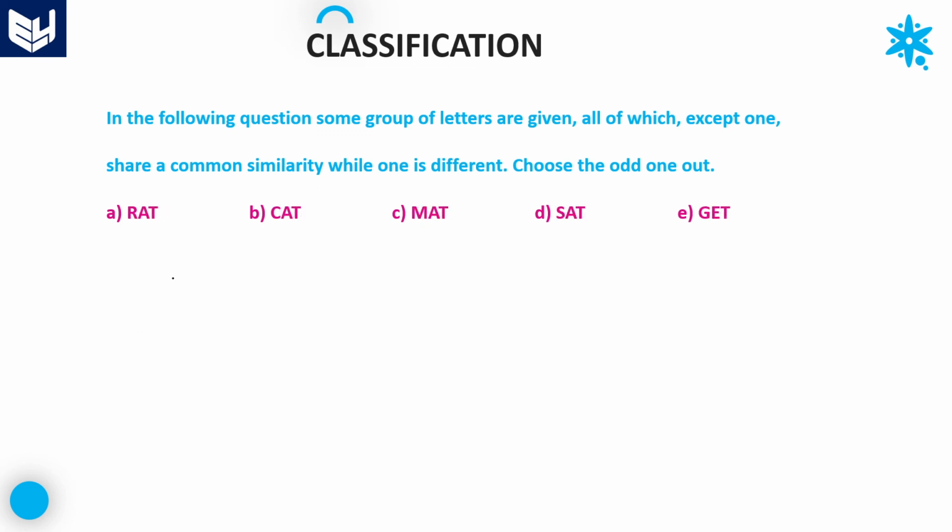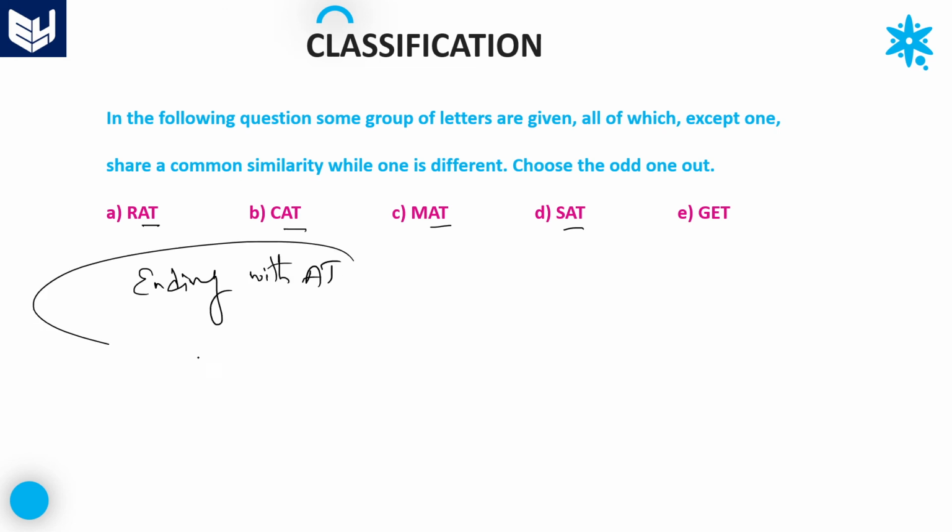See here, the options are rat, cat, mat, sat, and get. It is very easy to get the answer. Except for the fifth option, the remaining four options are ending with AT, but here it is ending with ET.